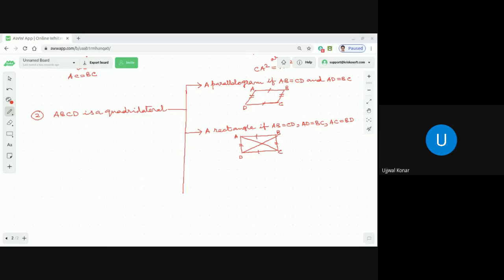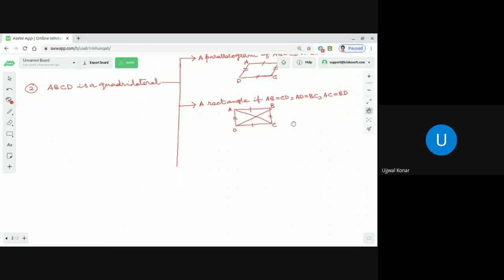Now, when can we define it as a rhombus? This quadrilateral will qualify to be a rhombus if all the four sides are equal. Correct?